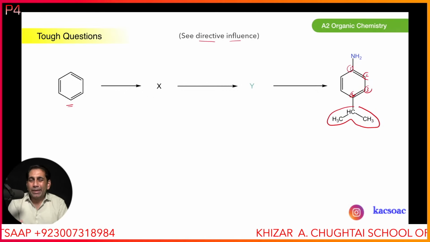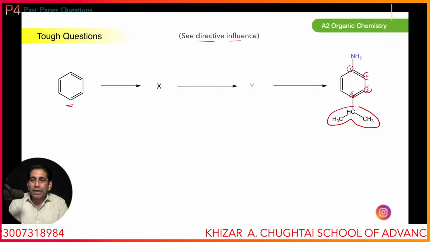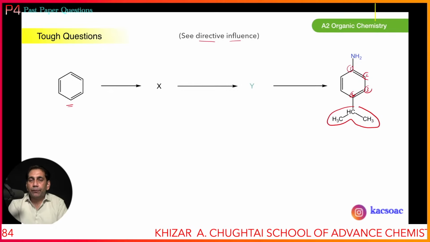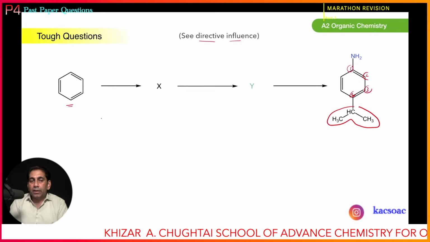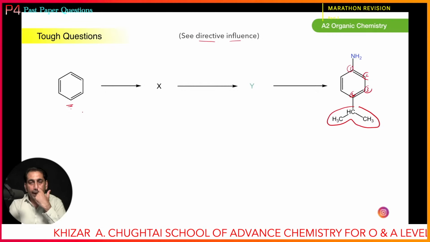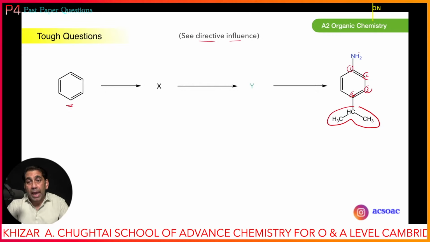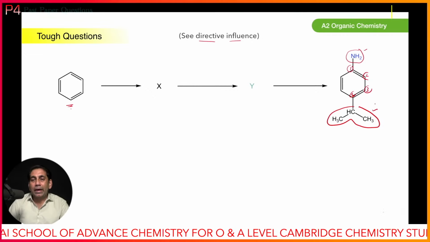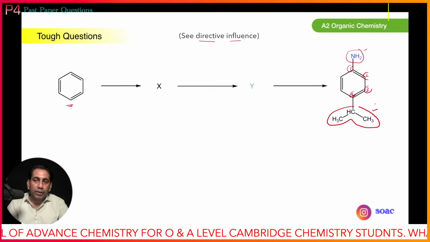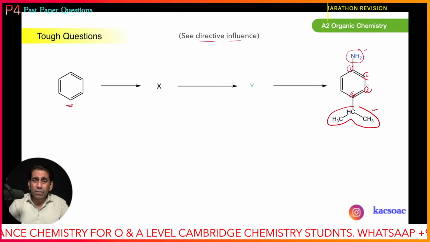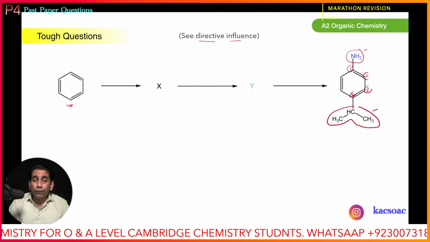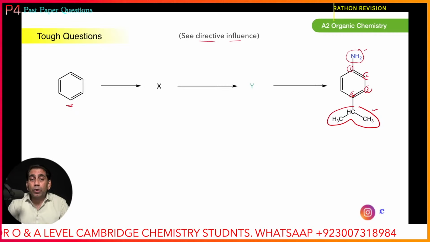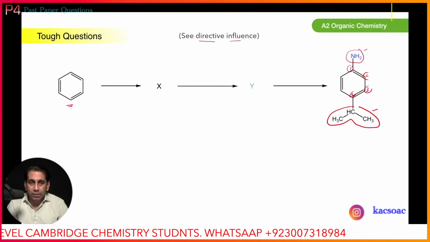The first step, the normal step, is to check the difference between the first and the last thing. Once again, there is a normal benzene ring, and finally we are having an NH2 group on the benzene ring, and another alkyl group on the benzene ring. So now once again, we will have to see which group should be introduced first.